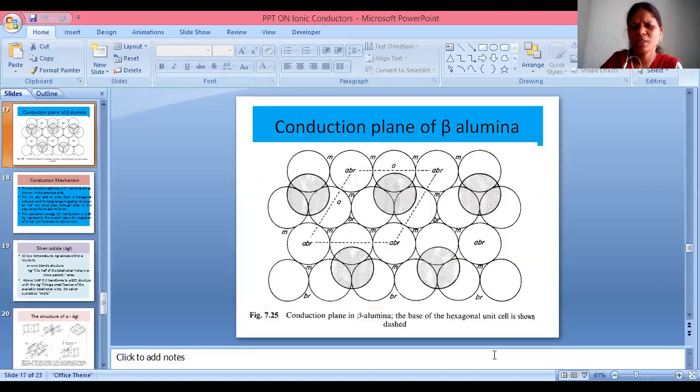And how does this beta alumina conduct? This is the conduction plane of beta alumina, which is the base of the hexagonal. On the hexagonal unit cell, you can observe a dotted rectangle, and that rectangle is a unit cell.